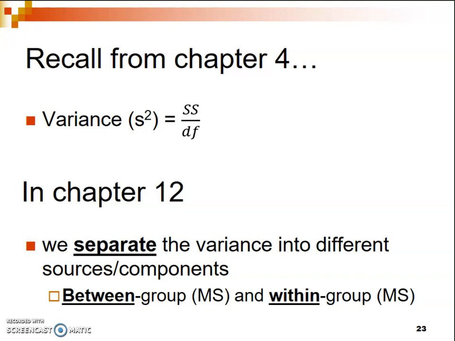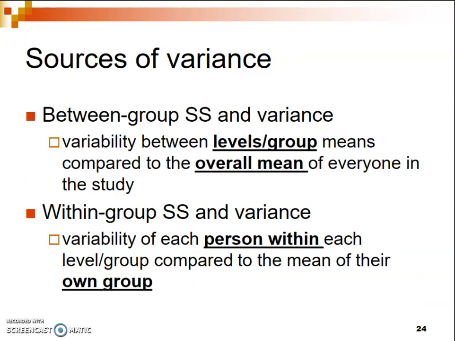One of the main goals of this chapter is to separate the different sources of variance, to identify what differences exist between our groups versus the differences that exist within each of our groups. When we're looking at the between group sum of squares and variance, what that is looking at is the variability between the different levels or groups, and what they're being compared to is the overall mean for every single person in the study.